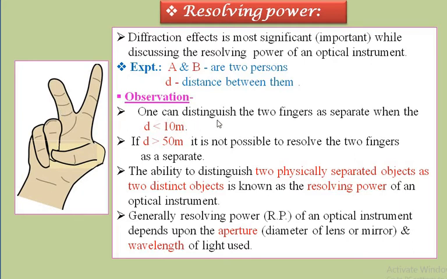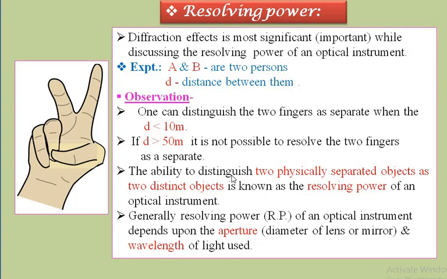One can distinguish the two fingers as separate when the distance between the two persons is less than 10 meters. If the distance is increased and becomes greater than 50 meters, it is not possible to resolve the two fingers as separate.